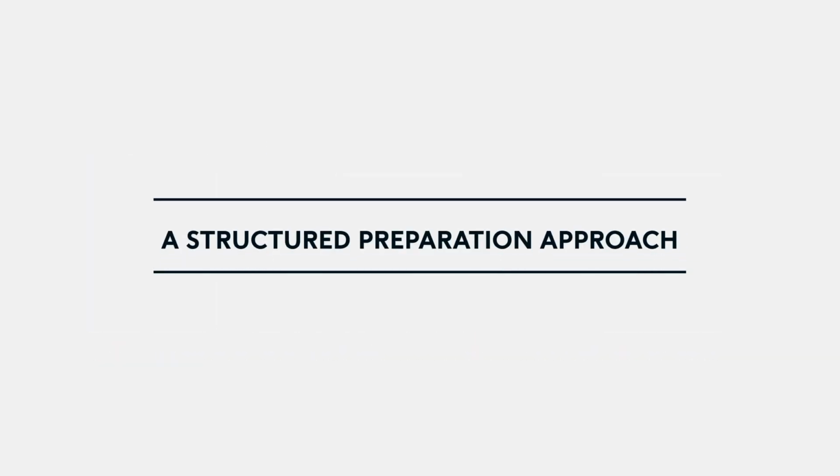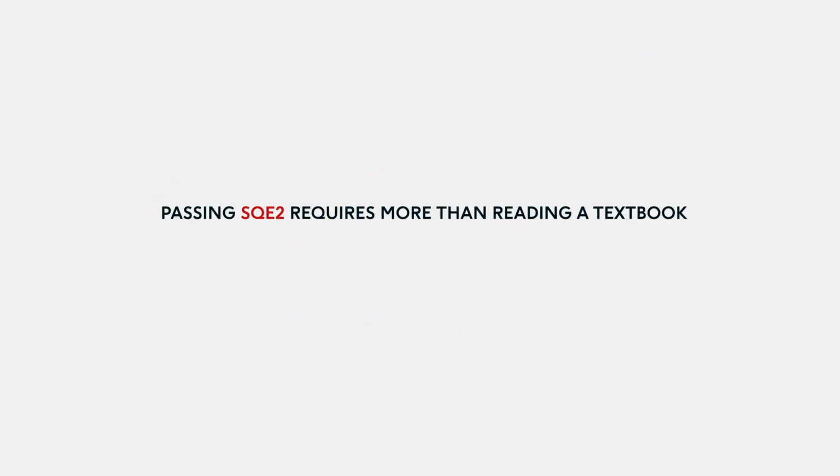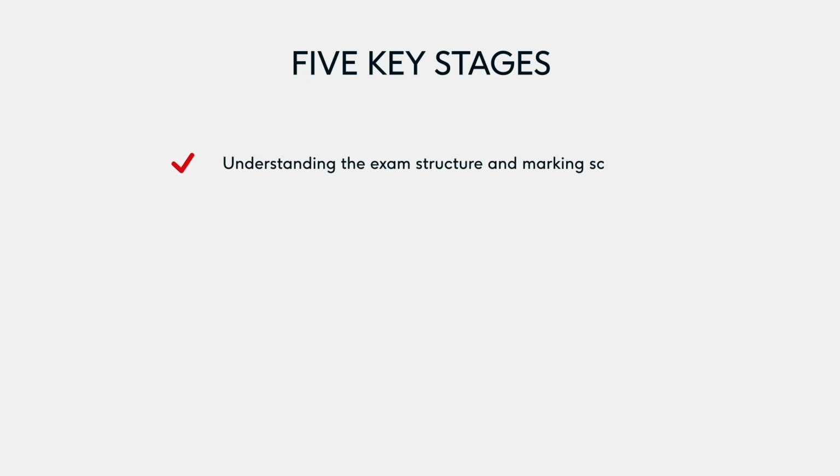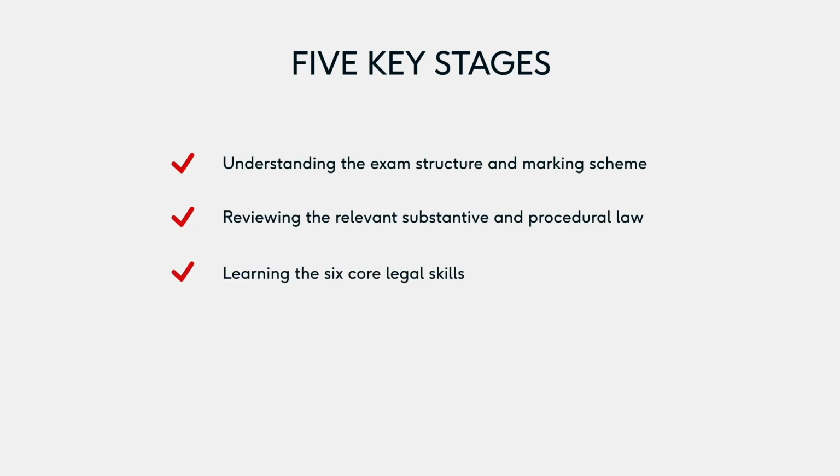A structured preparation approach. Passing SQE2 requires more than reading a textbook. It demands structured, hands-on preparation. That's why our course follows 5 key stages. 1. Understanding the exam structure and marking scheme. 2. Reviewing the relevant substantive and procedural law. 3. Learning the 6 core legal skills. 4.